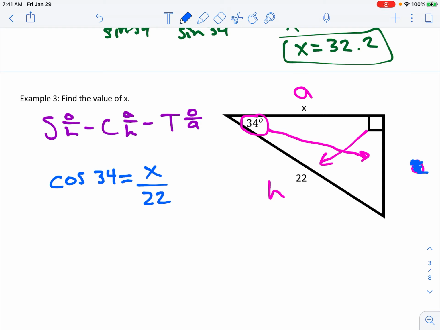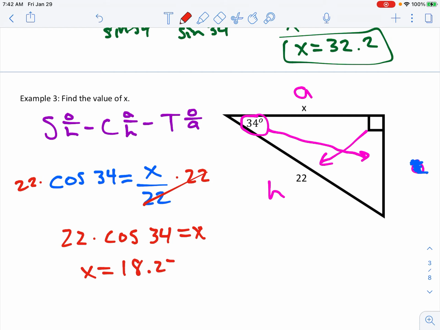To solve this, I'm going to move the 22. Notice we move the thing on the bottom of the fraction first each time. That leaves me with 22 times cos 34 is equal to X, so I'm going to do 22 times cos 34 on my calculator, and that's going to tell me 18.5239. So I'm going to call it about 18.2.